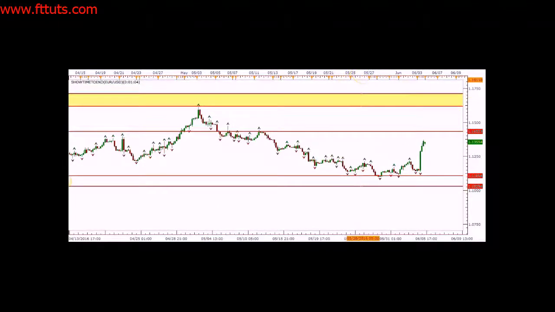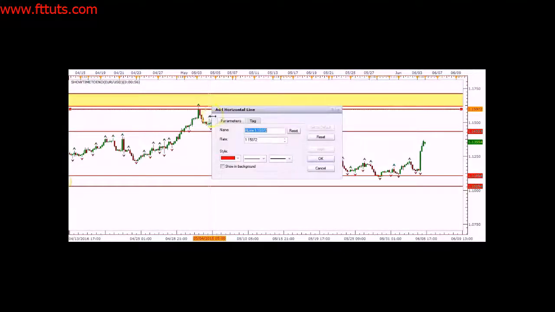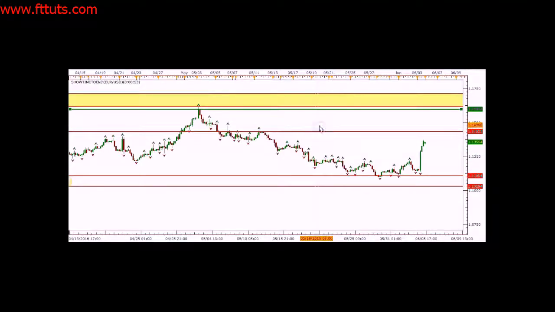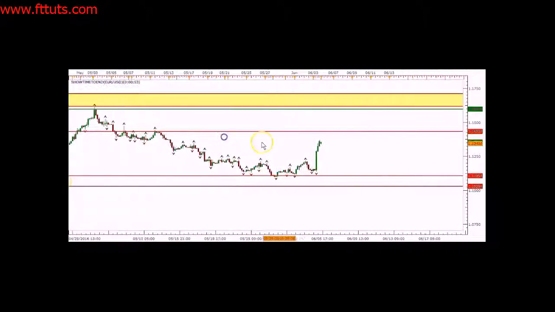Because if we're trading this zone, and I'm going to show you just a little bit what we do here, we can mark this level where we want to enter the trade. So the green line is going to be my entry. As price moves up, so suppose price here moves up, and we're going to draw it.